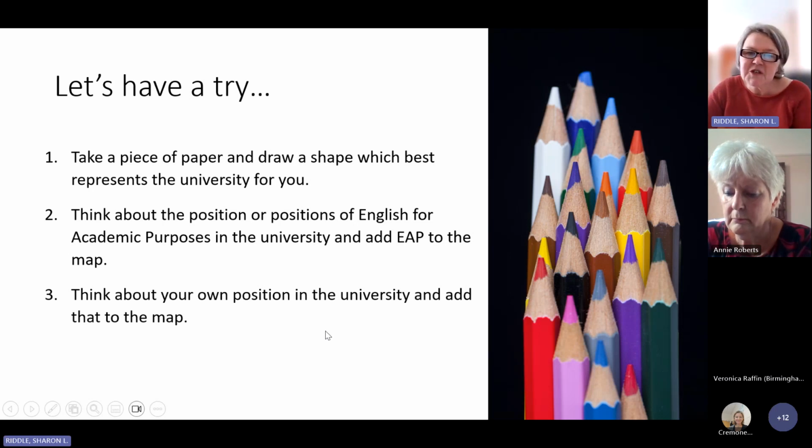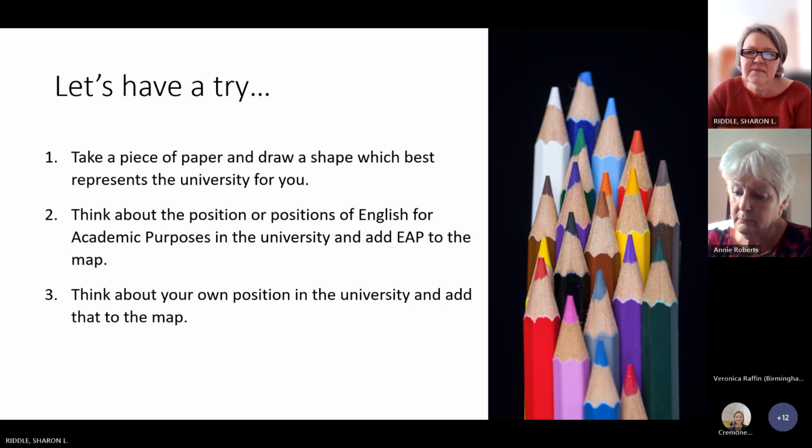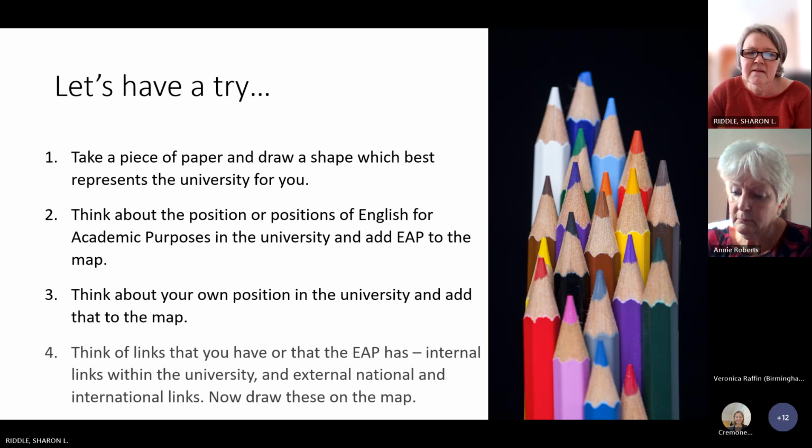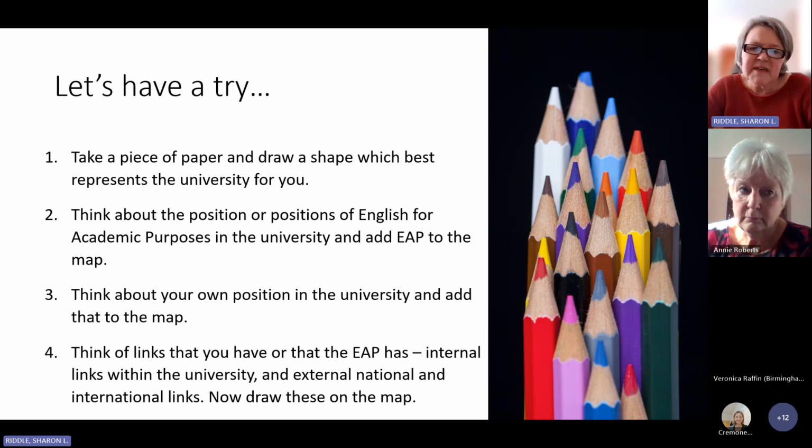Thirdly, think about your own position in the university and add that to the map. And then think of the links that you have or that EAP has. They could be internal links within the university and external, national and international links, and draw them on the map.